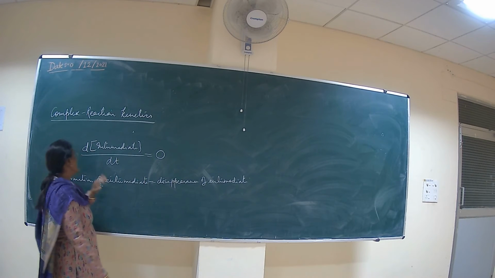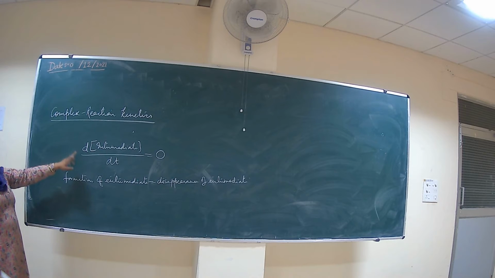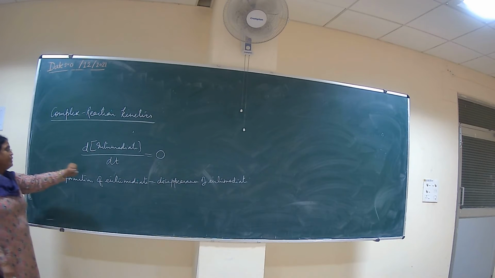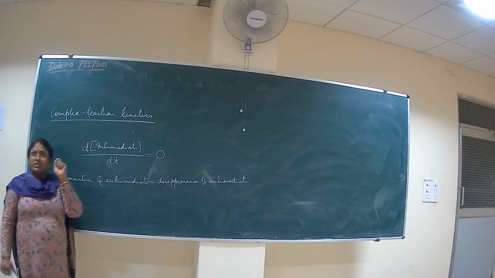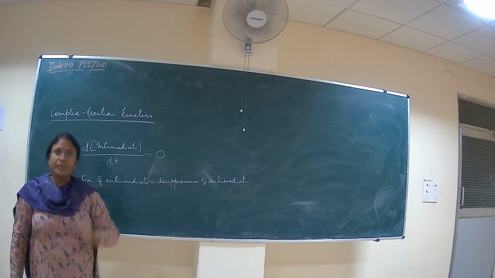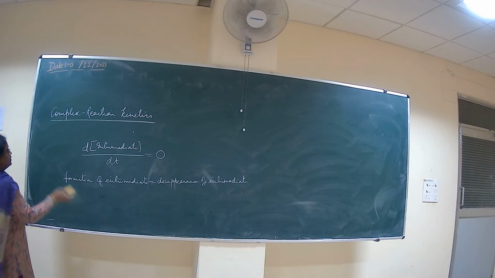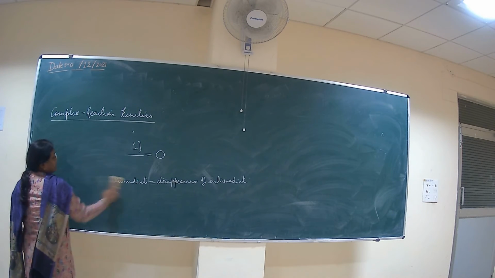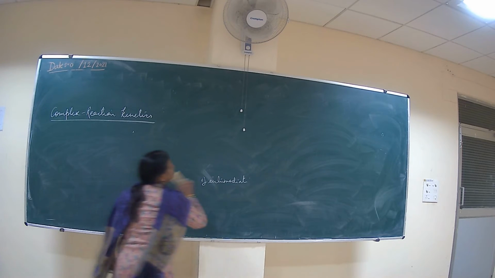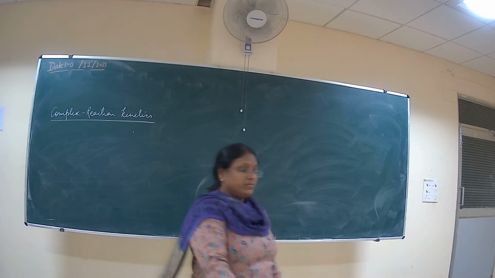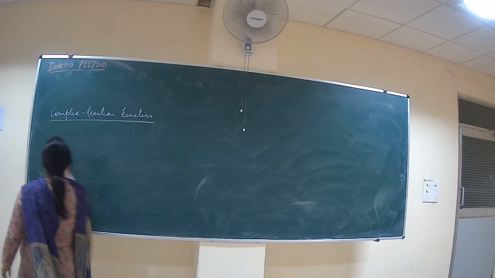Okay, so this is the steady state principle, and this steady state principle is used to derive the kinetics of a complex reaction. So we take the complex reactions. We will see. So there are different types of complex reactions.